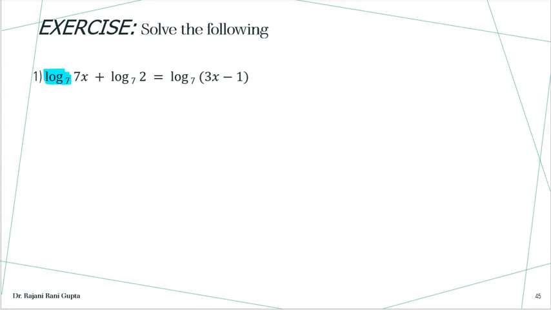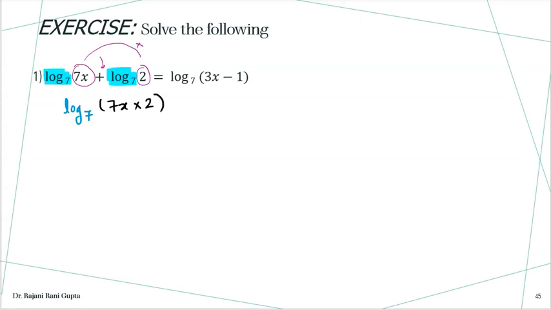On the left hand side, we have log to the base 7 and we have to combine them together to make just one log. What numbers do we have inside? One number is 7x, another is 2, and in between we have plus. So we multiply 7x with 2, and we get log to the base 7 of 7x multiplied by 2.